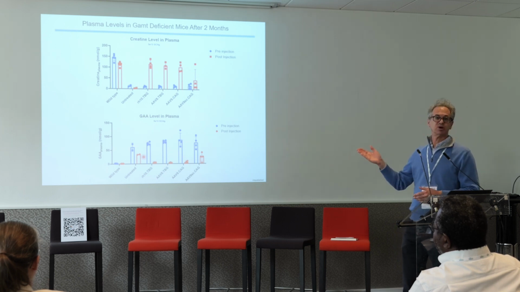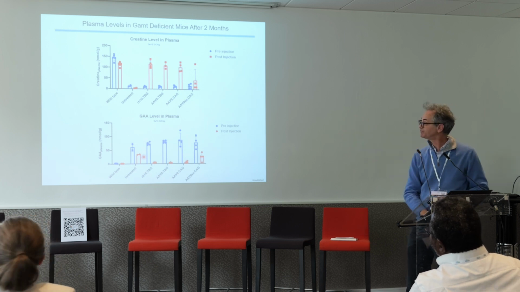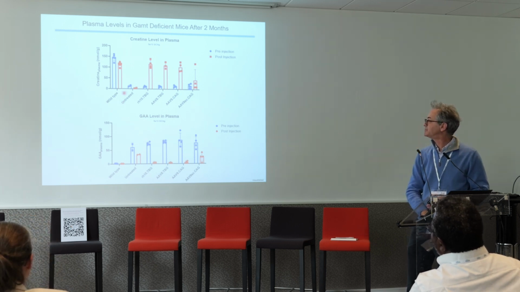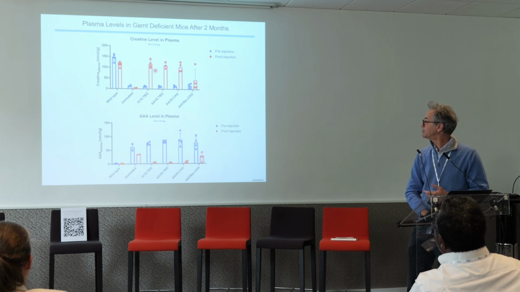And we're looking at each one to see how much they might change in the plasma, the creatine levels on the top here. So again, there can be some batch effect on when the assays are run, but we see the creatine level in the plasma in the untreated mice is very low. But in this, our old vector, we see it increases. And with all these other vectors, it increases, except for this last one where we tried to improve the gene itself.